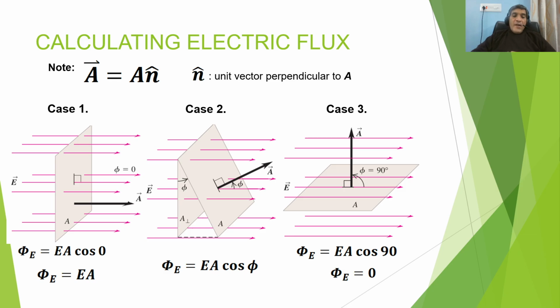So keep that in mind. This cos phi term comes out only because we have a scalar product, E dot vector A, and after removing the scalar product we have EA cos phi, and so the answer for electric flux depends upon the angle between electric field and area vector.